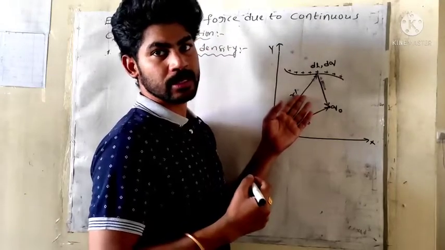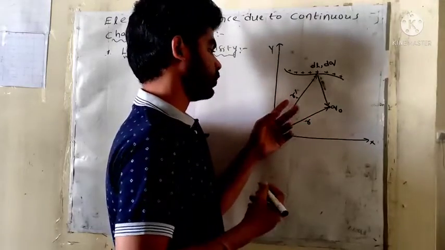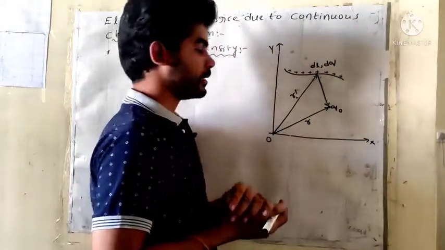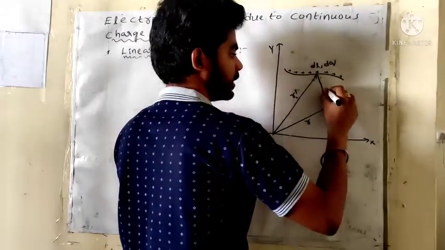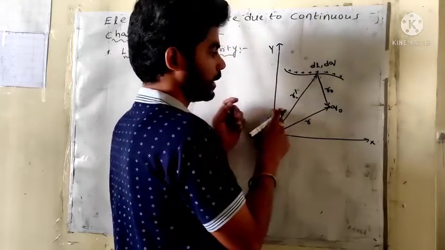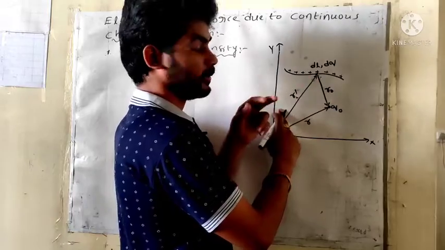According to the triangle method, r dash and r naught are two vectors, and r is the resultant.